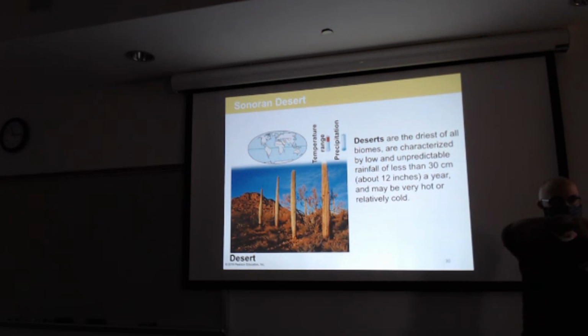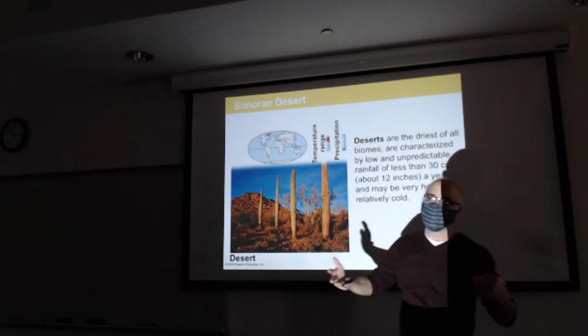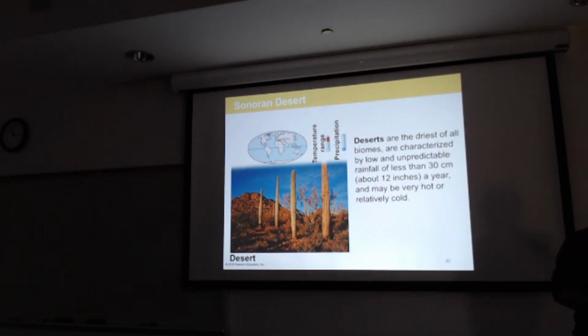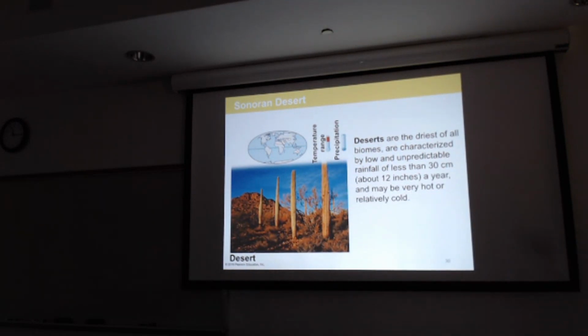So it's very moist, the temperatures are high, and the air constantly feels really humid, but hardly ever rains there, okay? So again, deserts are all about that low amount of rainfall.